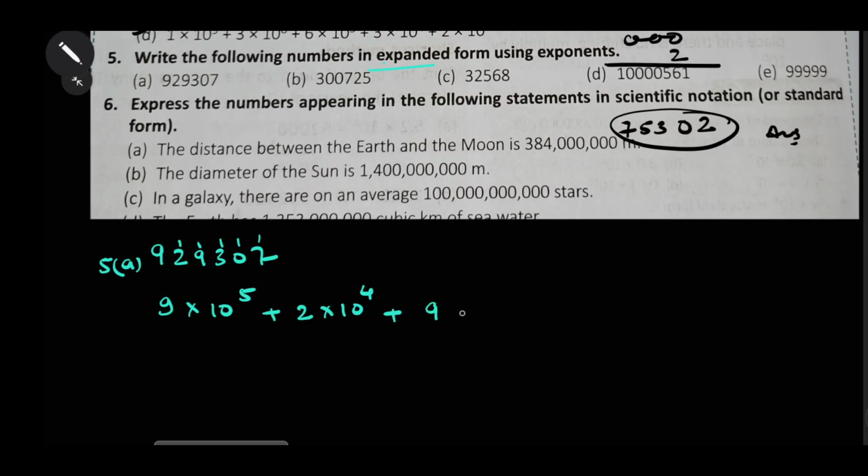So we can write 9 into 10 to the power 3, plus 3 into 10 to the power 2, plus 0 into 10 to the power 1, plus 7 into 10 to the power 0. So this is our answer. In this way we will complete B, C, D and E.